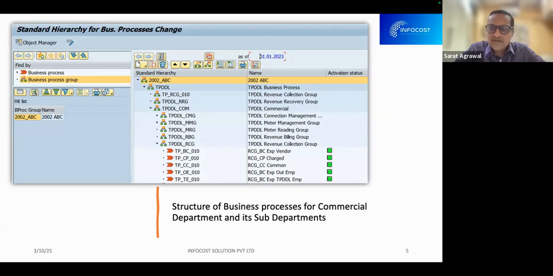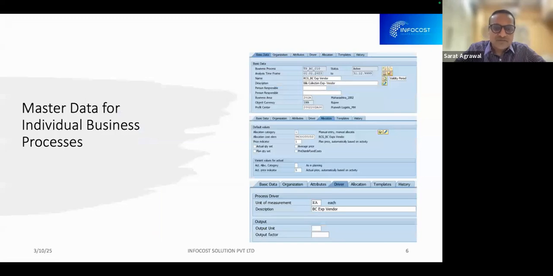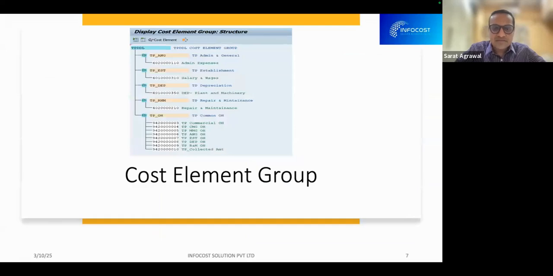We can create this hierarchy as per our business process or requirement. Then this is the master data screen for the business process. Under this business process, we can define the allocations, cost driver, allocation element, everything. And this is a cost element group, which I have shown you.